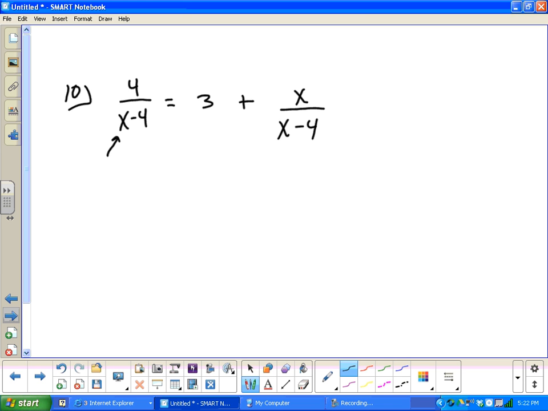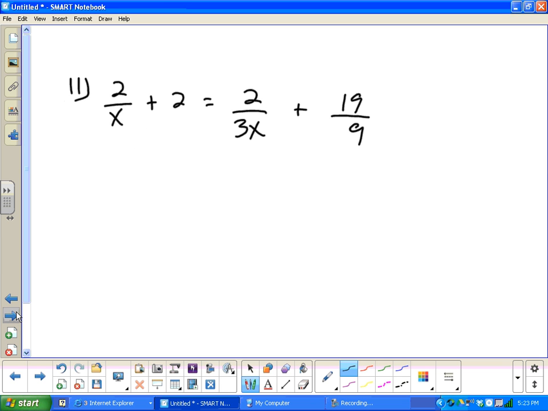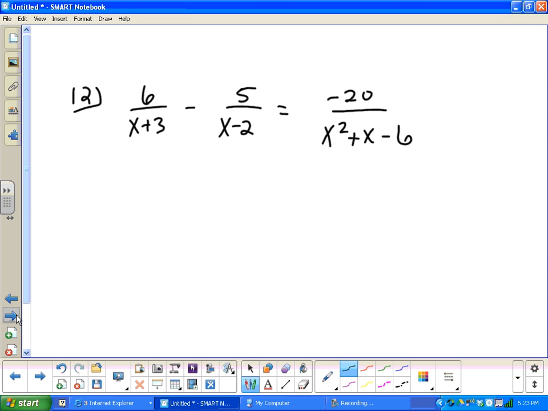I can't get a solution of a positive 4. If I get positive 4 as a solution, then really there's going to be no solution. And for number 11, I couldn't get x as a solution because x can't be 0 there. That would make me divide by 0. And like on the last one, we couldn't get a solution of -3 or a solution of +2. And so if I had one of those solutions, again, it would be a no solution problem.